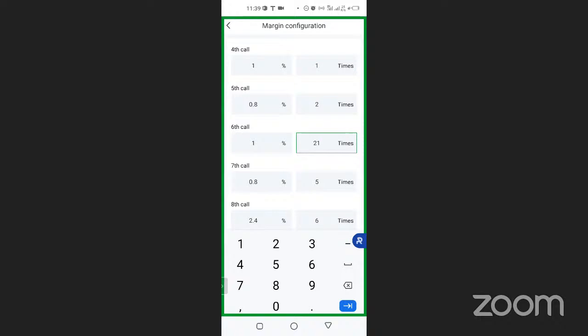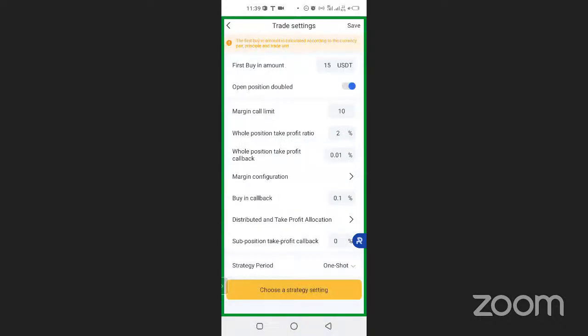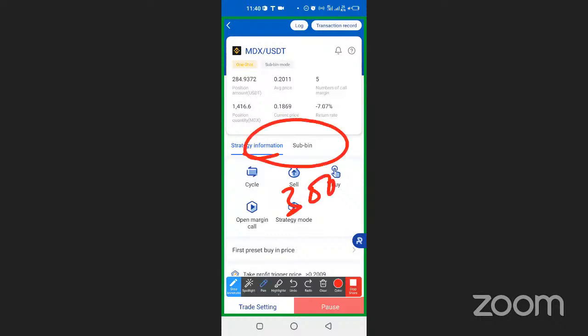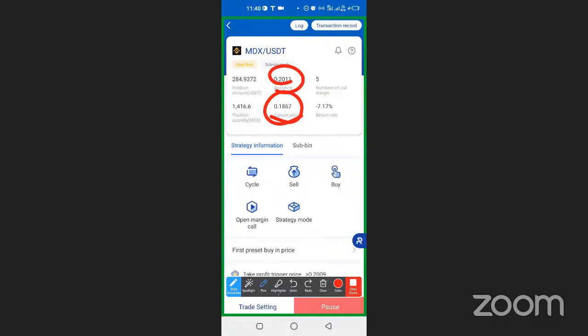Then the robot will buy the 6th call, then it will sell it. Once it sells it, it will give me back my $300, but it will use my profit to move this average price closer to this current price. And very, very soon, it means the 4 margin calls can be easily sold faster.